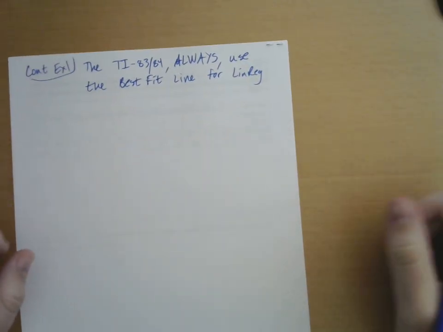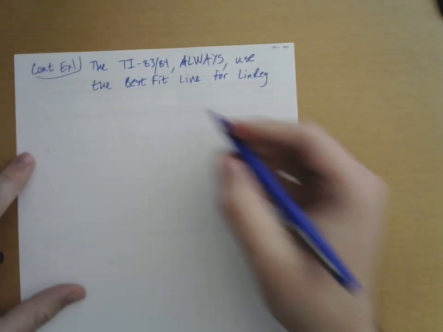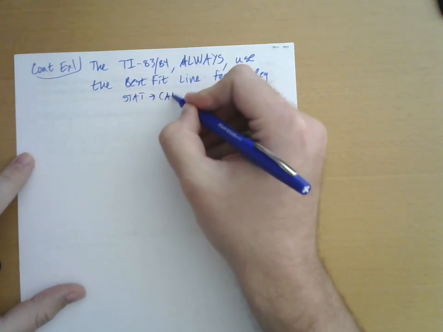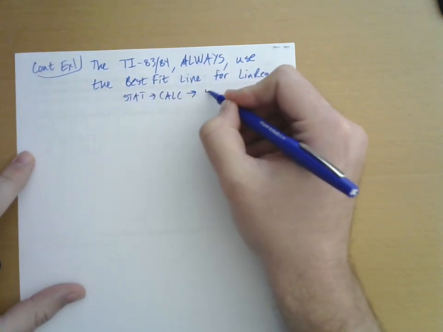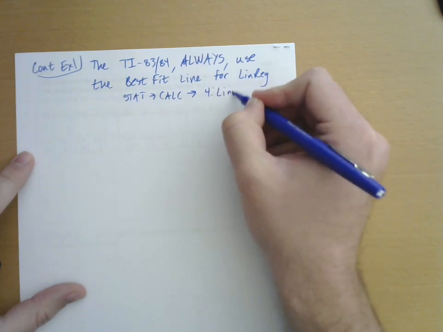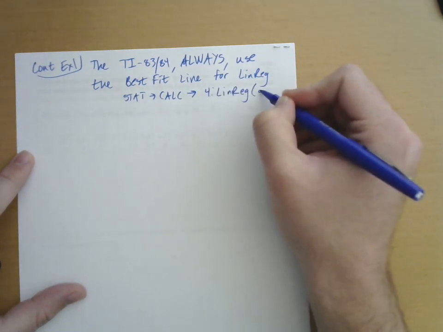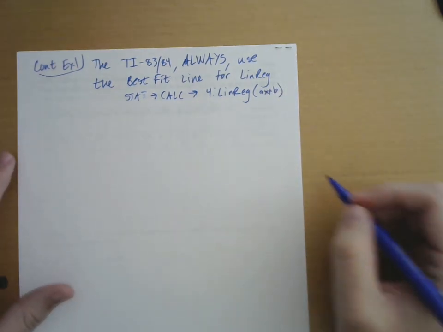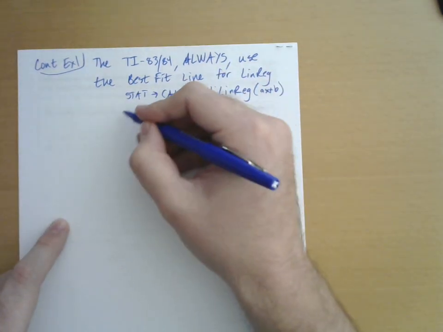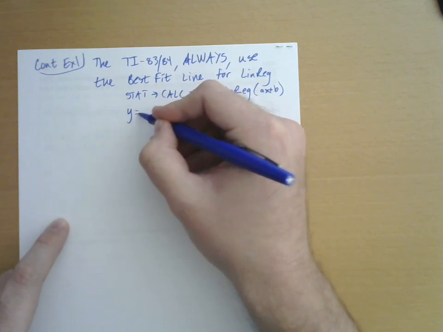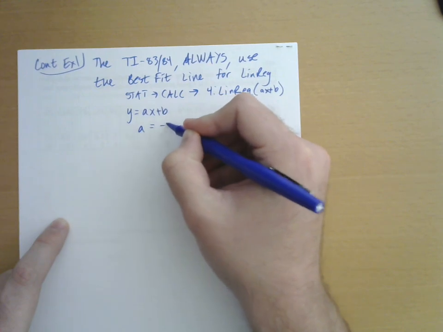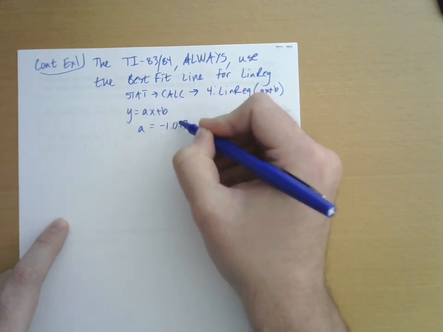And then remember it's STAT, over to CALC, STAT CALC, and then it's option 4, LinReg(ax+b), and you hit enter twice. This tells us y equals ax plus b, and it says a is negative 1.043, rounding off here.